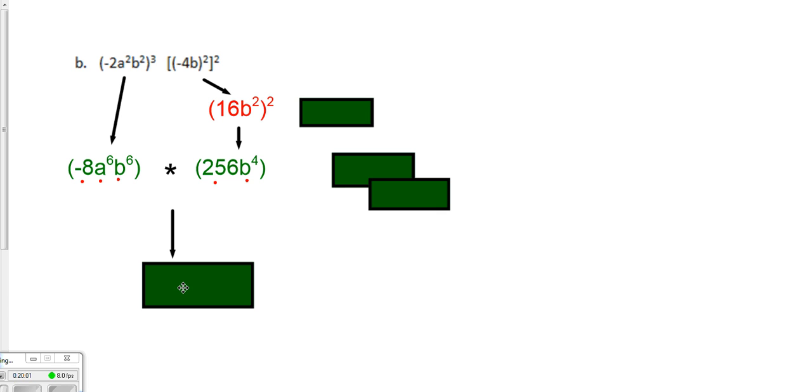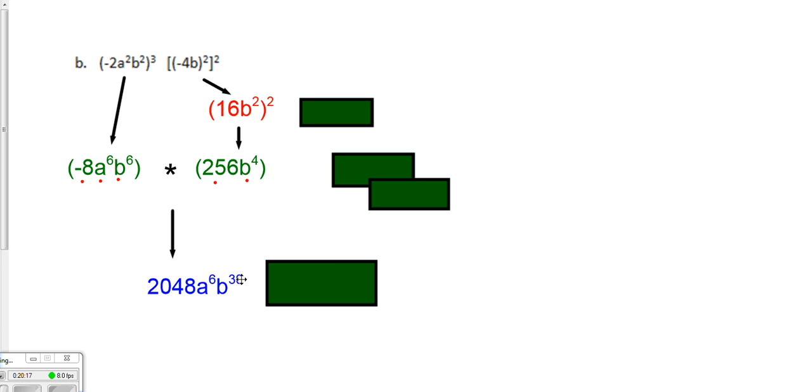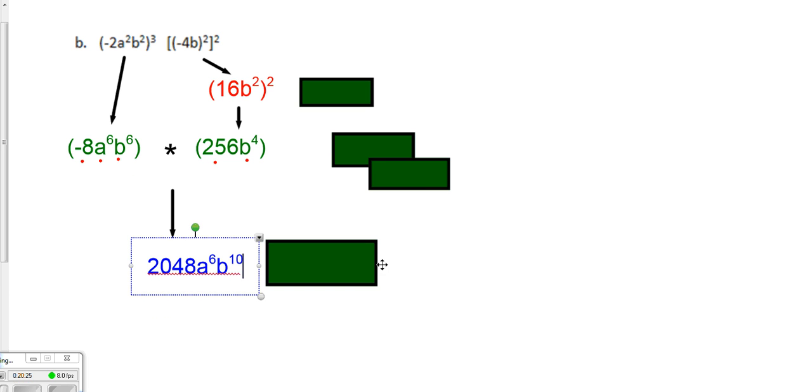Negative 8 times 256 becomes 2048, a to the 6th, and none of them over here, so it just stays as a to the 6th. B to the 6th and b to the 4th become b to the 10th. Just make sure it's a superscript. So this would be our new expression in the end.